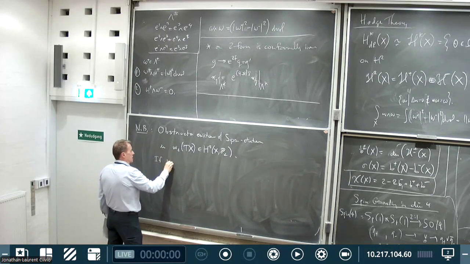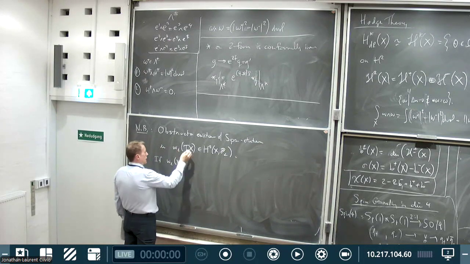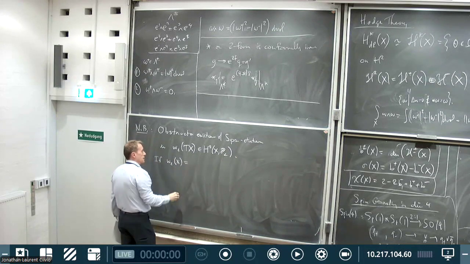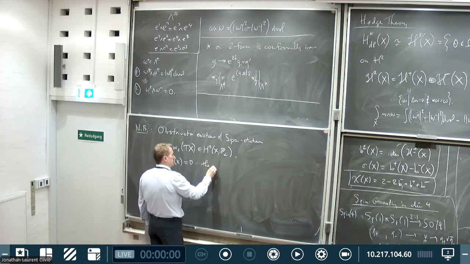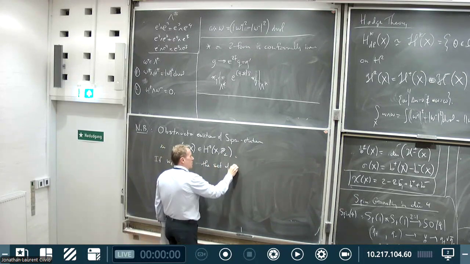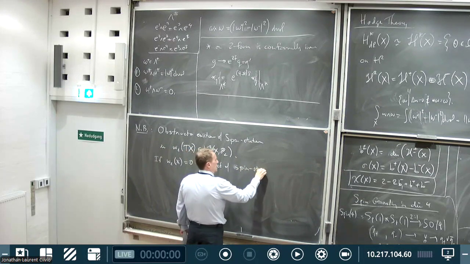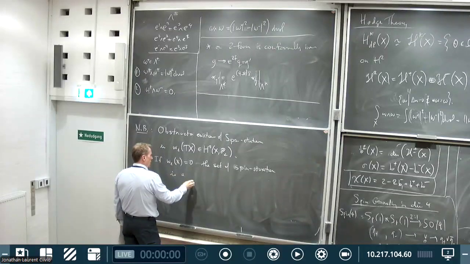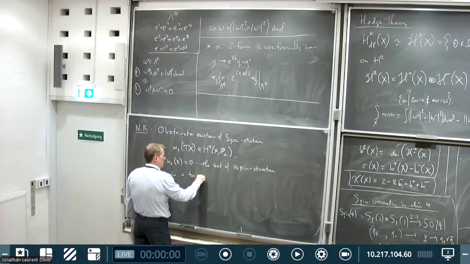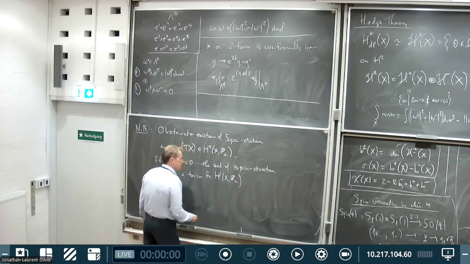If W2 of X is 0, then the set of spin structures is a torsor for H1 of X with Z2 coefficients.